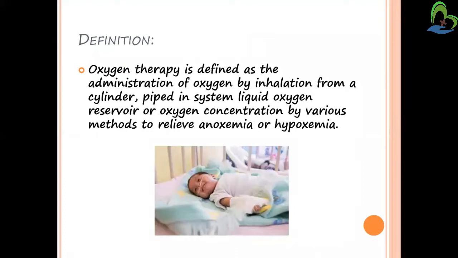In the absence of oxygen or when there is a low level of oxygen, oxygen will be delivered to the patient by pipes, a cylinder, or a mask. So that is called oxygen therapy.